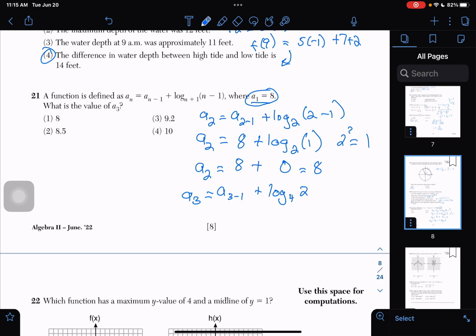So 3 minus 2 is 2. 3 minus 1 is 2. All right, so 4 raised to what power is equal to 2? The answer is a half. So this becomes 8 plus 1/2, which is 8.5.